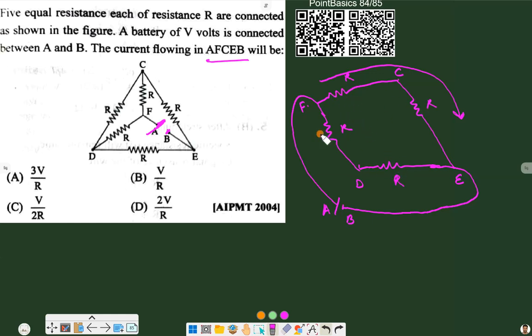So 2R in parallel with 2R, effective resistance will be R. So the whole value of current I will be, if potential is V, V by R. And as resistance of upper and lower arms are equal, the current will be divided equally. So current in the upper arm will be V by 2R, in the lower arm also V by 2R. Option C will be the right answer.